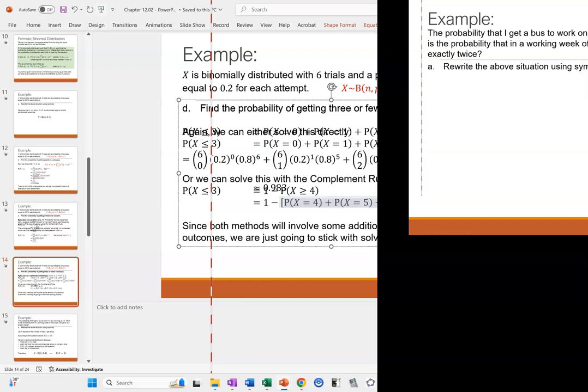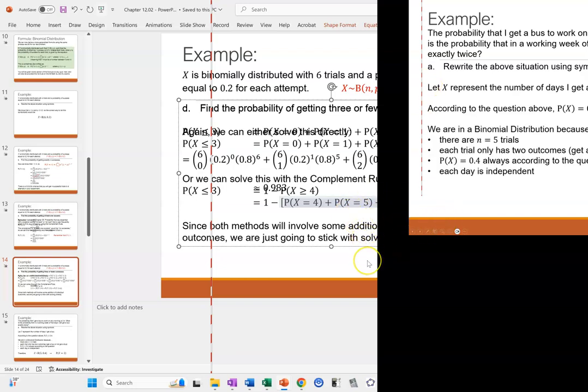Let's do another example. The probability I get a bus to work on any morning is 0.4. What's the probability that in a working week of 5 days I get a bus exactly twice? So again, rewrite the problem using symbols. This is clearly a binomial distribution because there's a success or failure: either I ride the bus or I don't. If x is the number of days I get the bus, the probability of success is 0.4.